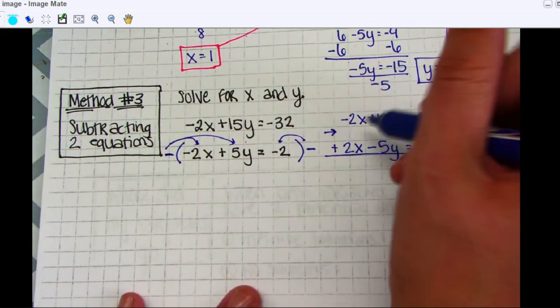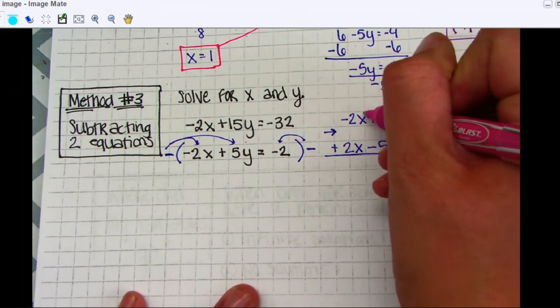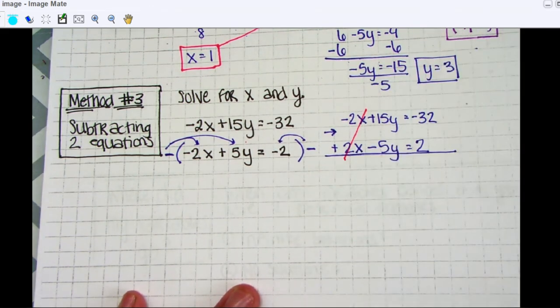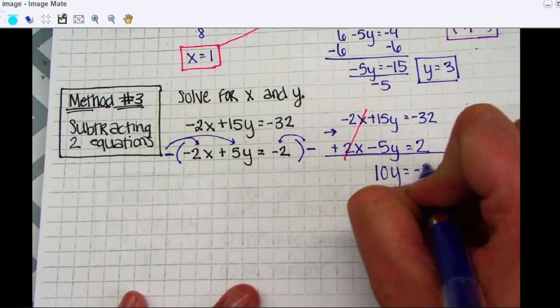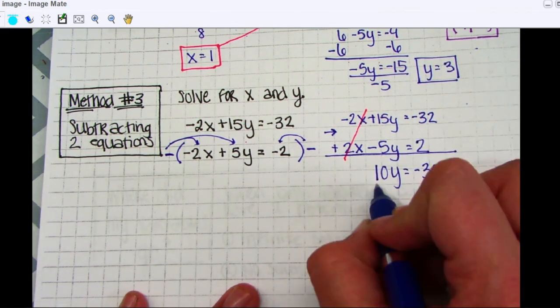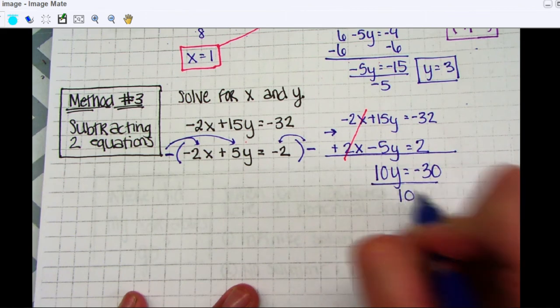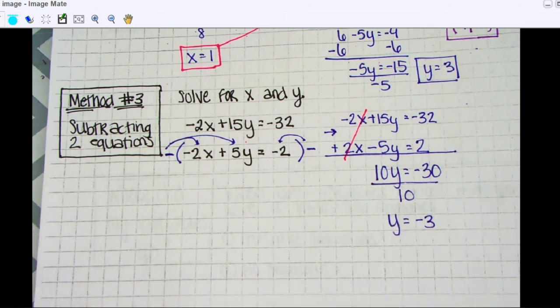So as we go through, adding top to bottom, negative 2x plus 2x goes away. 15y minus 5y is 10y equals negative 30. Dividing by 10, y is negative 3. It's basically like elimination, but we manipulated the problem just a little.